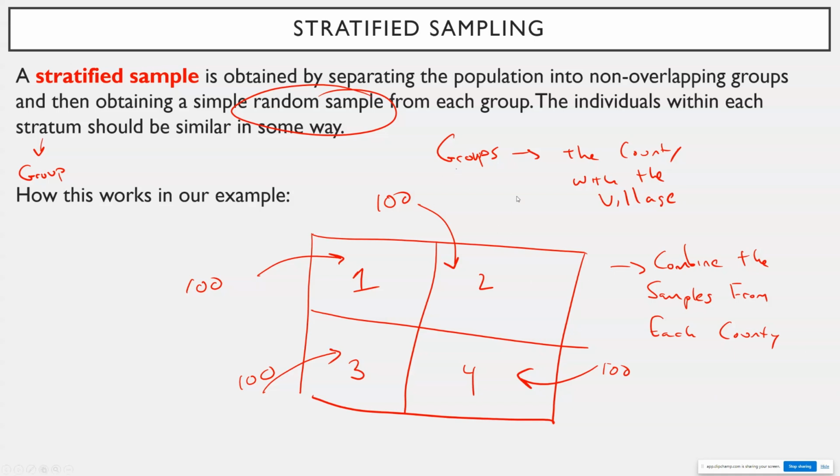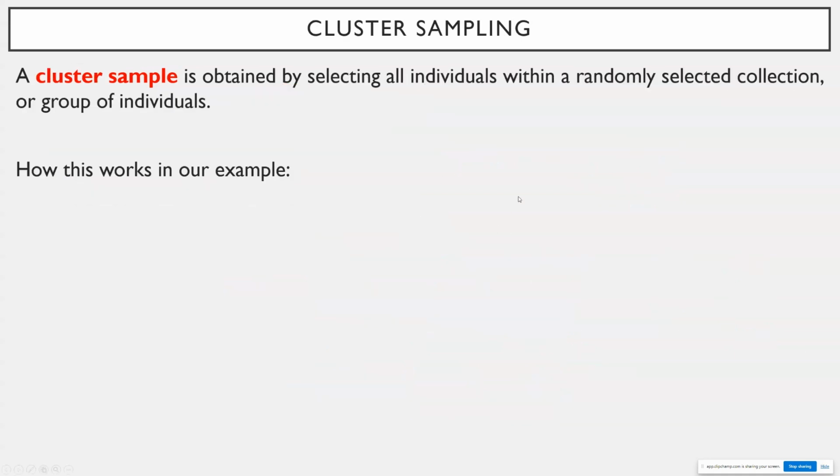Let's now talk about cluster sampling. A cluster sample is obtained by selecting all individuals within a randomly selected collection or group of individuals. In this example, we look at all the neighborhoods, however neighborhoods are defined, within the Villages.